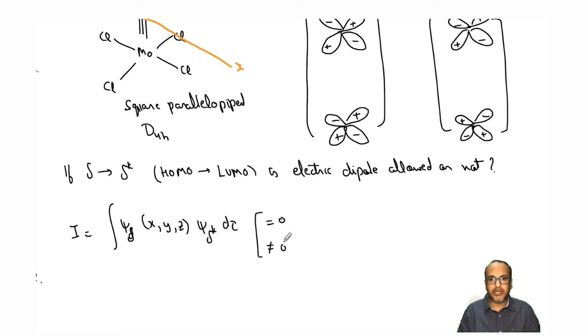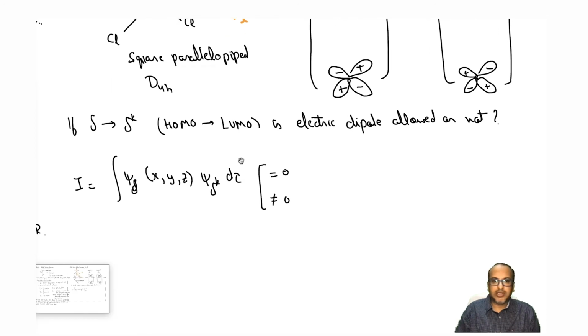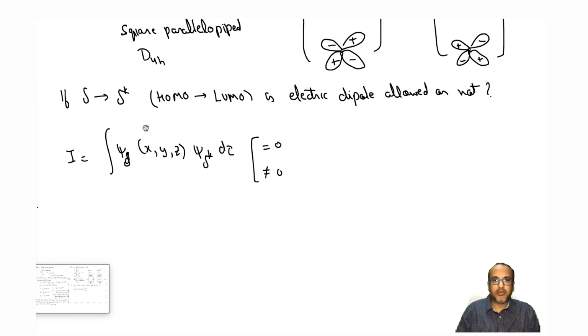We have to identify this. So what do you do in such a case? You first have to identify what is the basis for these orbitals under the D4h point group. Okay, so for the D4h point group, let me write down the symmetry elements.